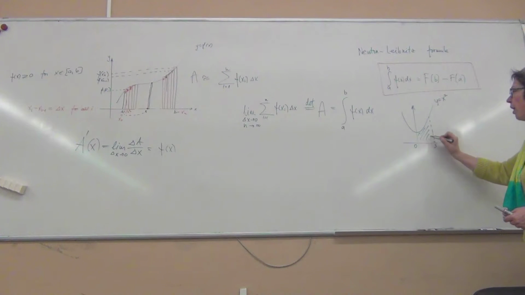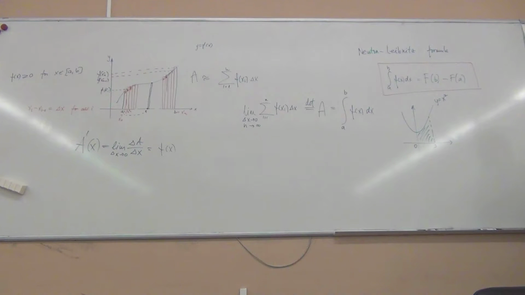So if we want to find this area, I know that I can do this if I write the integral from 0 to 3 of x squared dx. So now I find the primitive function, but we don't use the constants of integration, because the constant of integration would cancel out anyway if we subtracted both these values, right? It's just an added constant.